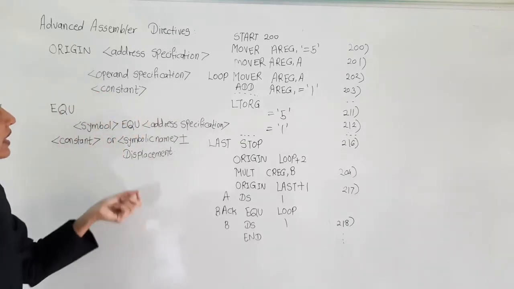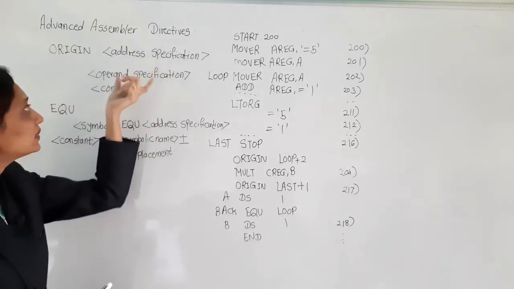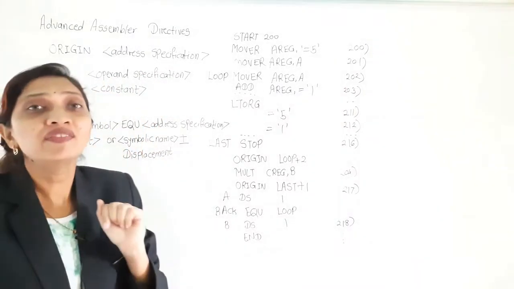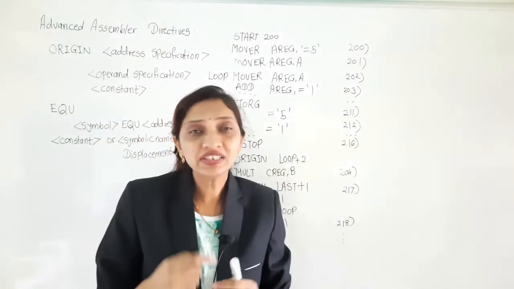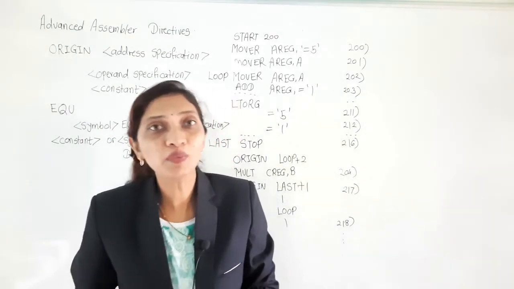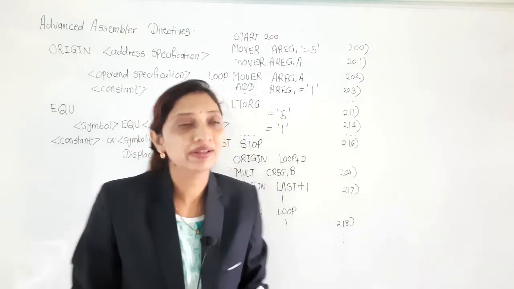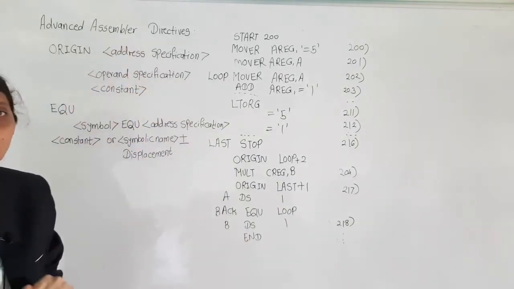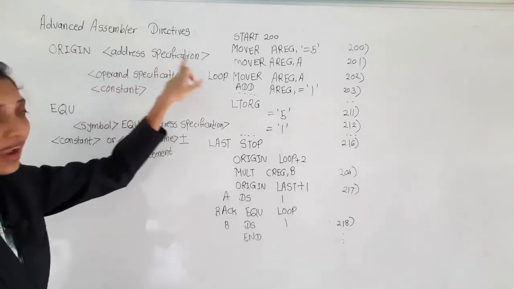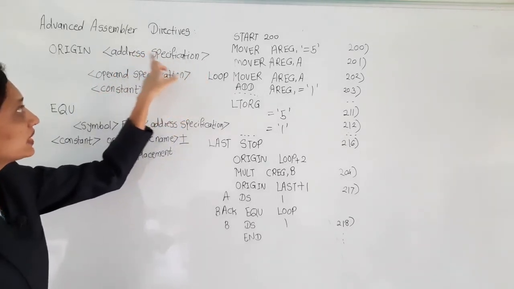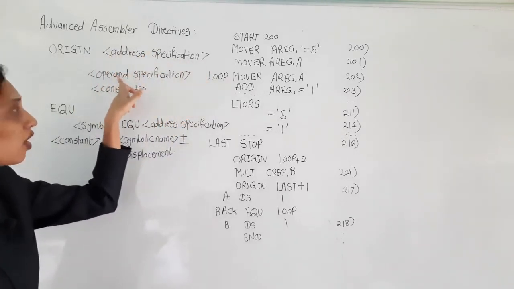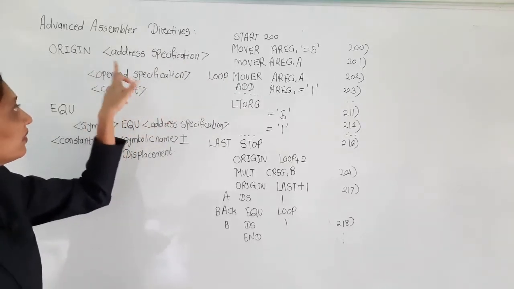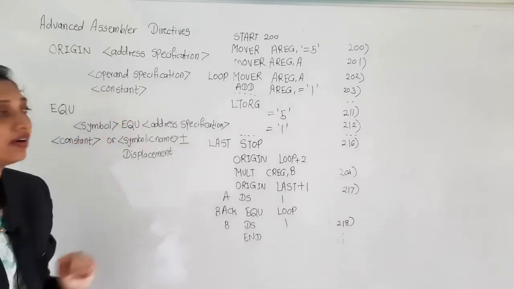With the facility to provide the address specification using an operand specification, we can change the address in a relative manner rather than an absolute manner. In this way the ORIGIN assembler directive is used: ORIGIN and then the address specification, which you can specify as an operand specification or by using a constant, meaning by giving a symbolic name or a constant.